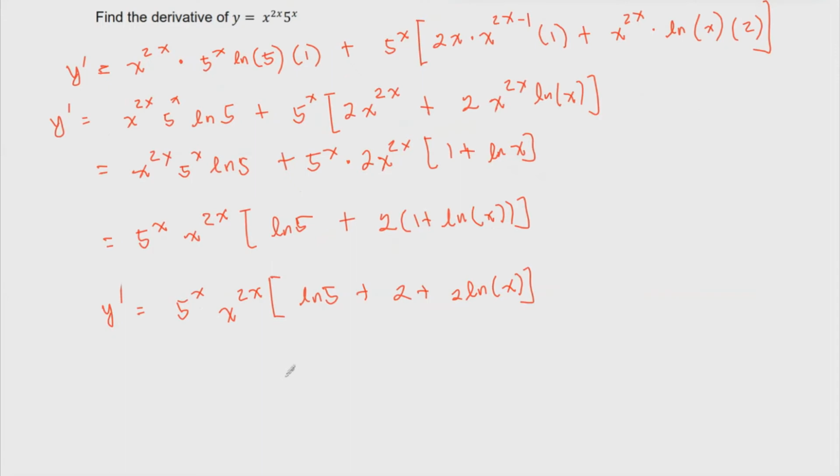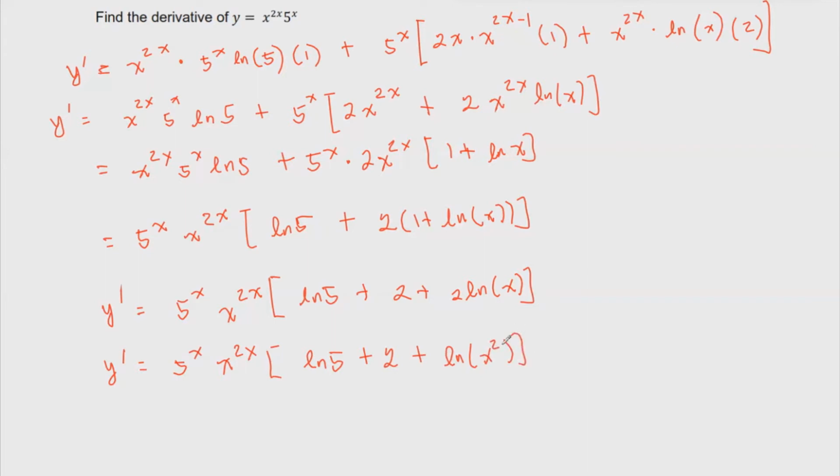And we can also do something like this for the answer. This will be 5 to the x, and then x raised to 2x times, we can do something like ln of 5, and then plus 2 plus ln of x squared.